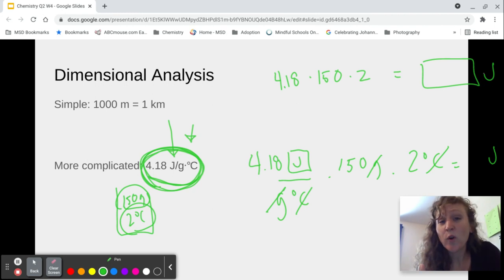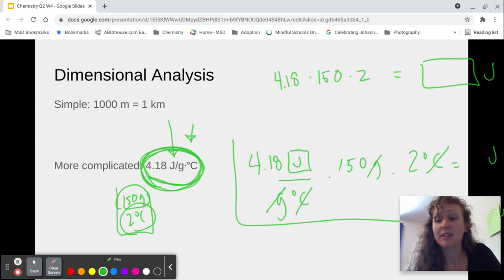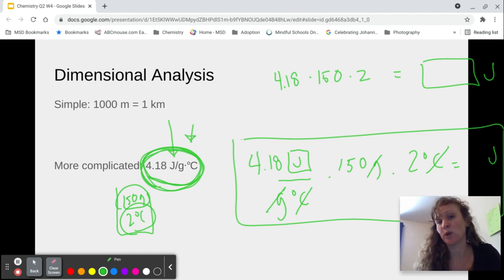So if you know how to look at the units and set up your problem with the units, you can solve these incredibly complicated scenarios, or you can deal with this context that is very tricky conceptually to deal with. You can deal with the math, and the math almost helps you understand the concept.